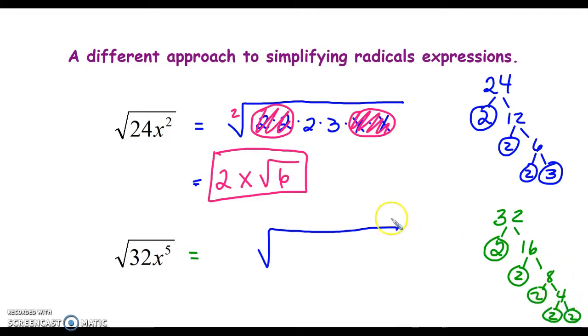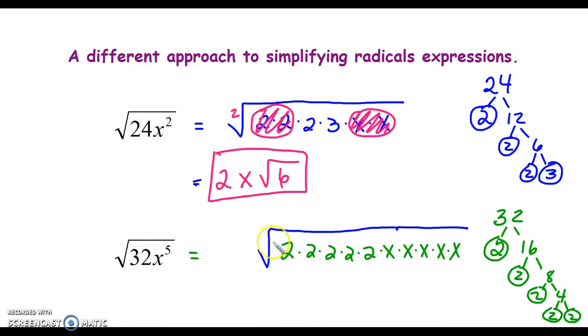There's your prime factors. So we have 2 times 2 times 2 times 2 times 2, 5 times, and then we have x to the 5th, so it's times x times x times x times x times x. 5 x's all being multiplied in a row.